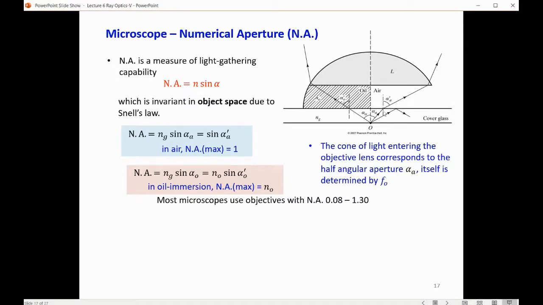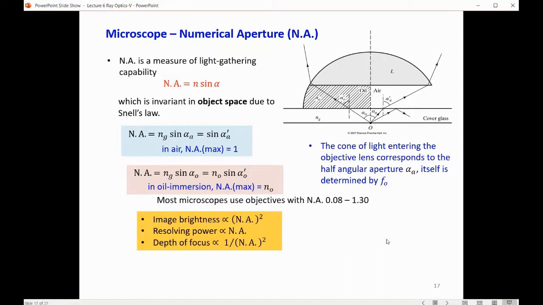And here we have defined that the cone of light entering the objective lens corresponds to half angular aperture alpha_A, which itself is determined by the focal length of the objective. Now, it is known that the image brightness is proportional to the square of the numerical aperture.